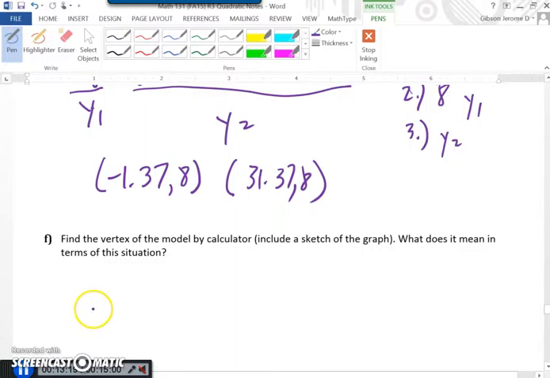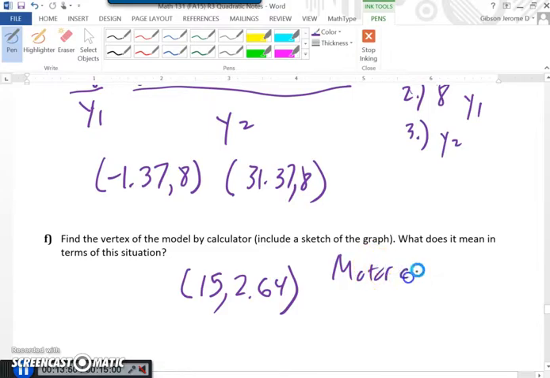Okay, so first of all, what we would have here, according to the graph that you did on your calculator, it would be a minimum point. I did show you all how to do a minimum point before, so you would have to use what you used before to find the minimum point. And the minimum point here would be 15 and 2.64. That would be your minimum point. And so it asks us, what does it mean in terms of this situation?